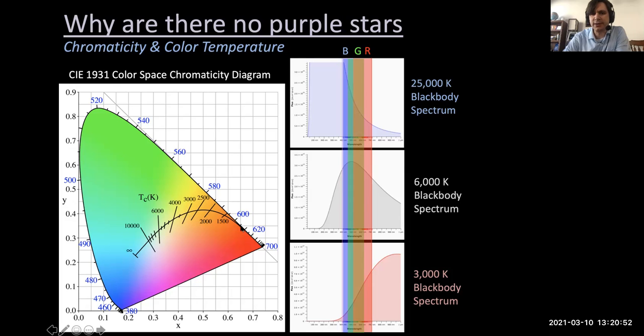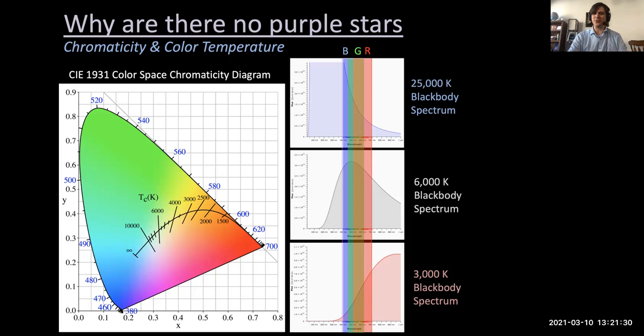And notice that the cooler ones appear red, and then they appear orange, and then sort of yellow whitish, and then whitish, and then they appear blue. We have sort of blue whitish, and then we have blue, but never purple. So there are no purple stars. Since stars act as a black body, there's no way you can get a spectrum of a star that would give us blue, green, and red cone activation so our brain senses purple. Just can't have it. So there are no purple stars.